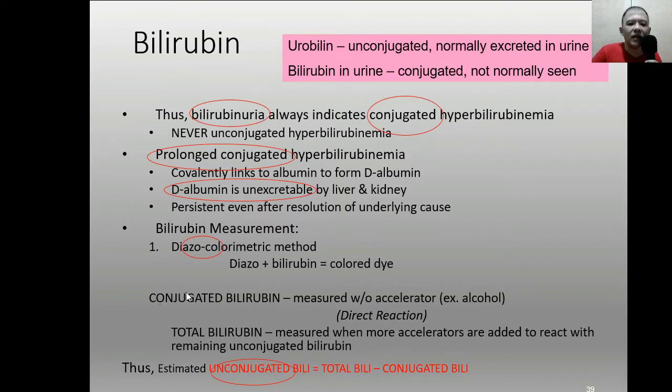Conjugated bilirubin is measured without the accelerator. Total bilirubin is measured when you have more accelerators added. And the difference is the unconjugated bilirubin.